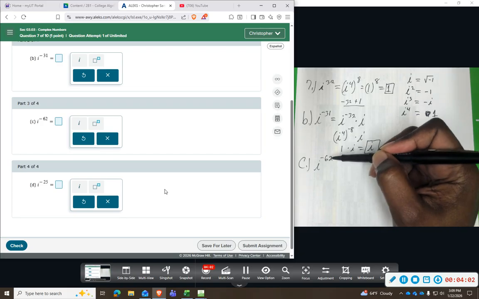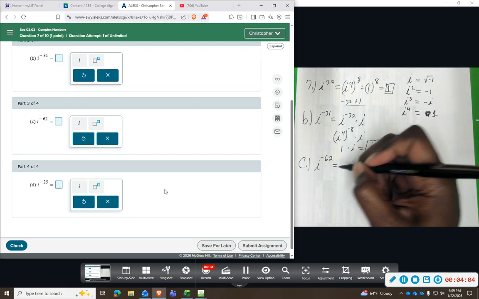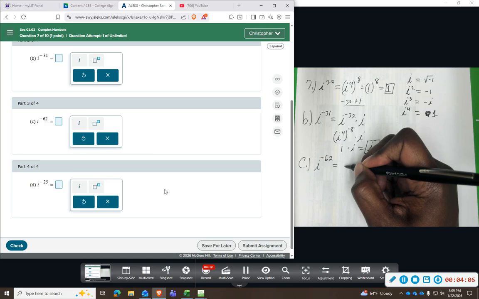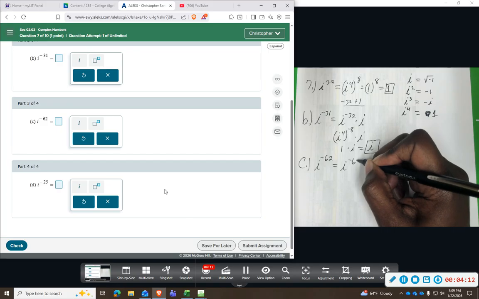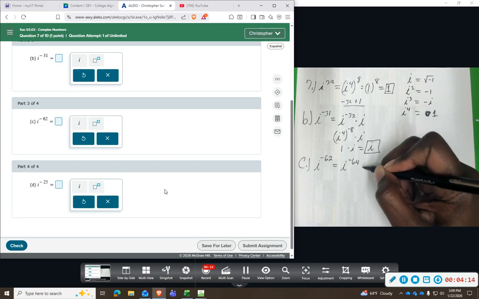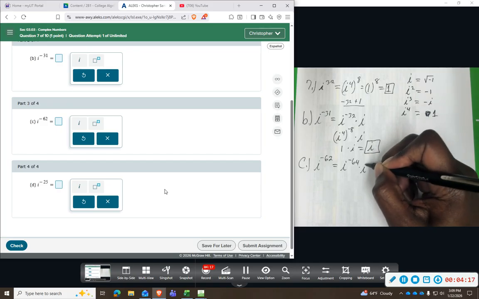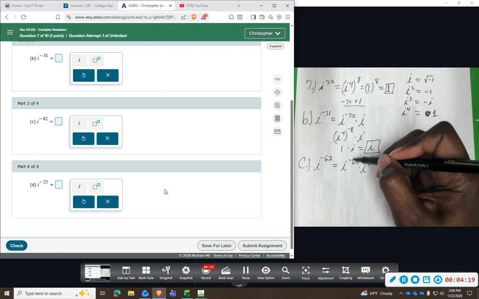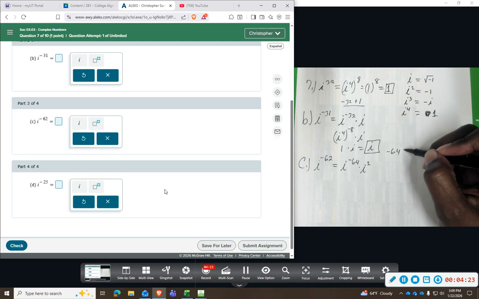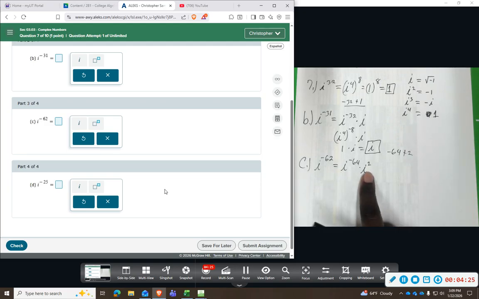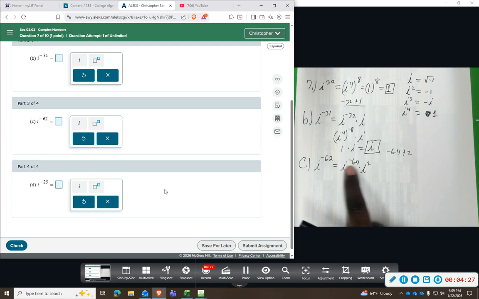I'm going to rewrite this as i to the -64th times i squared, because -64 plus 2, according to the property of exponents, base is the same, you add the exponents, that's going to give us -62. So I want to write something that's equivalent.